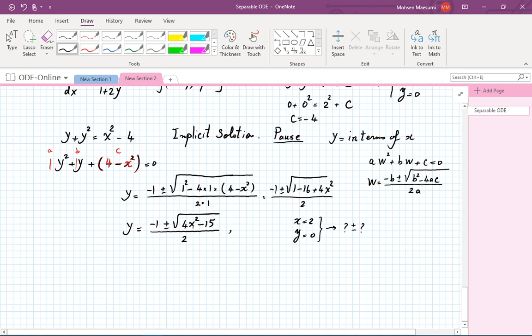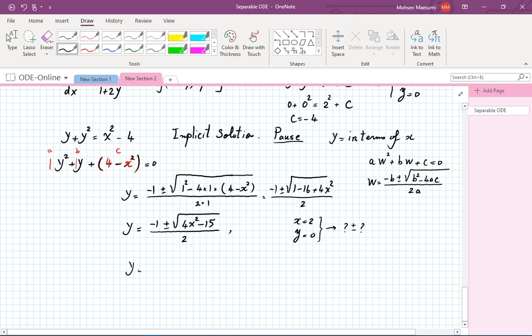So if I put 2 here for x, 4 times 4 becomes 16 minus 15, that's 1. To force a 0, I have to have minus 1 plus 1 to get 0.